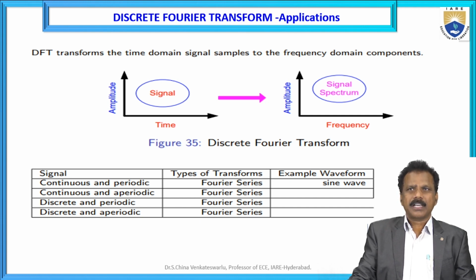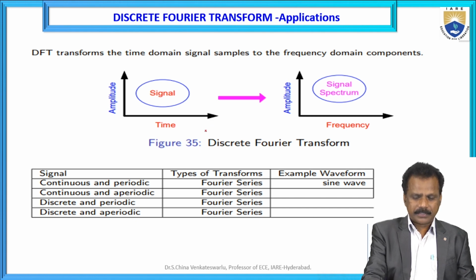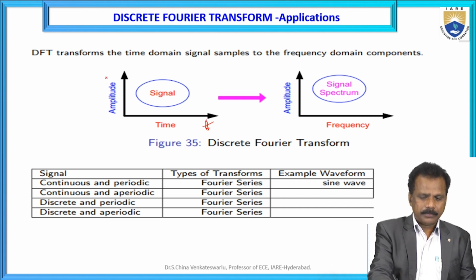The DFT transforms time domain signal samples to the frequency domain. In the time domain, the x-axis is t and the y-axis is the amplitude.